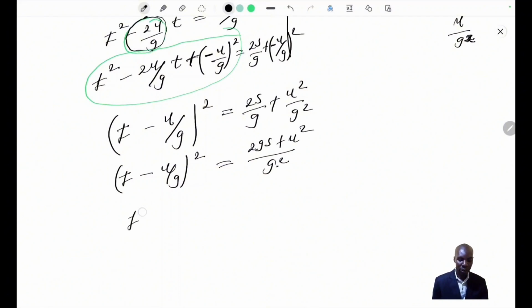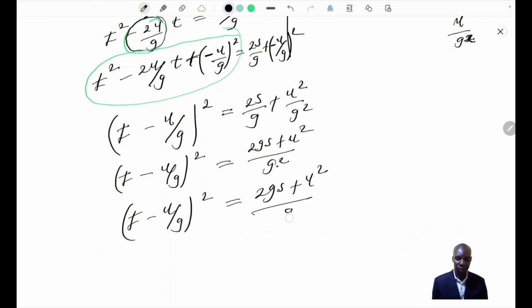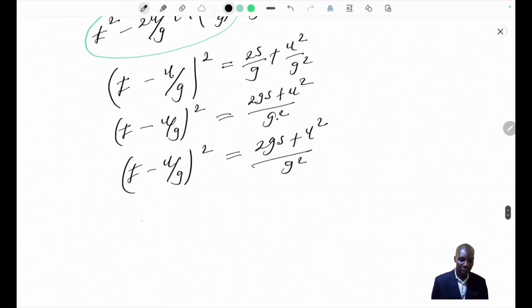So t minus u over g, squared, gives us 2gs plus u squared over g squared. So t minus u over g is supposed to give us the square root of 2gs plus u squared over g squared.